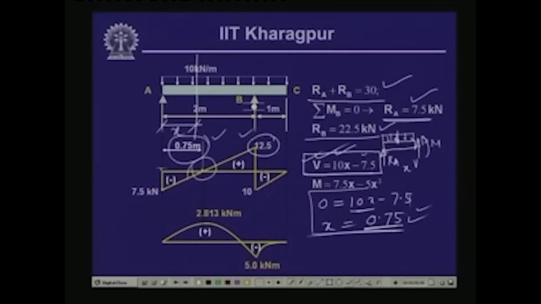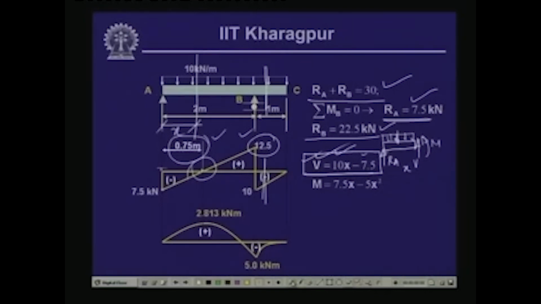Now, if you look into a section beyond this reactive value, what is the value of the shear force we get? The free body diagram is something like this: we have RA here, we have RB here, and we have the uniformly distributed load. This is the section at a distance of x from here, and we have the shear V and the moment M. So, V plus RA plus RB minus 10 times x equals 0.